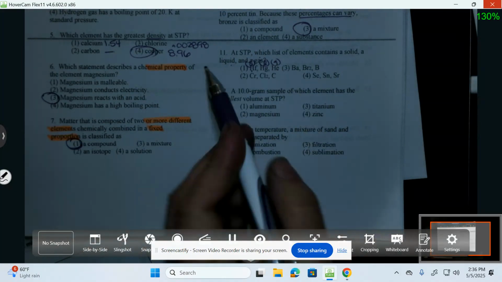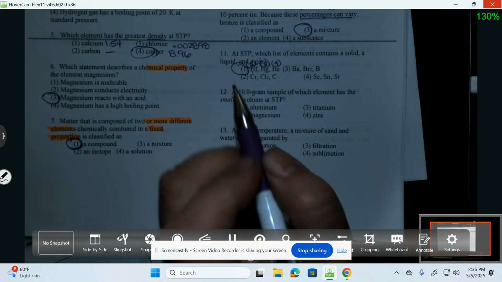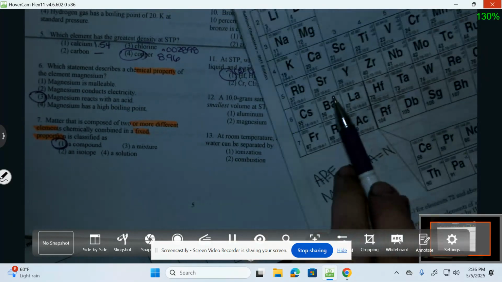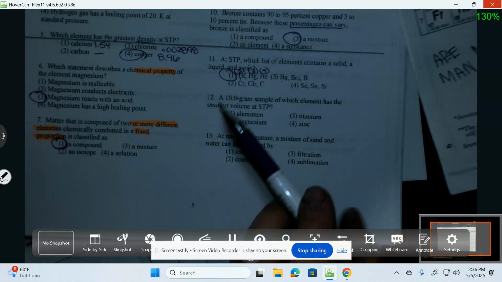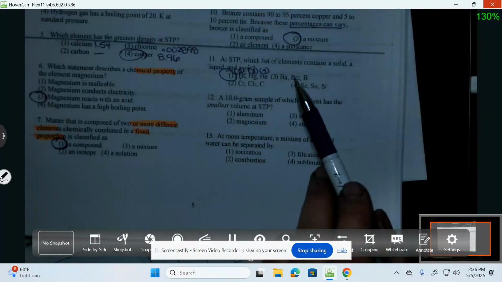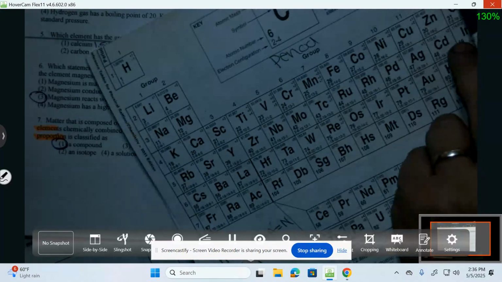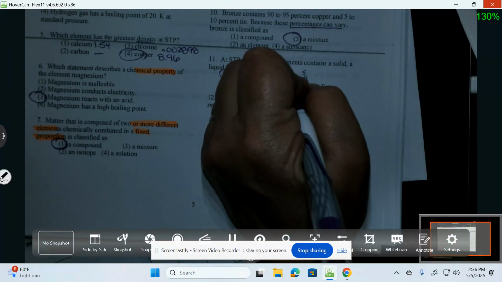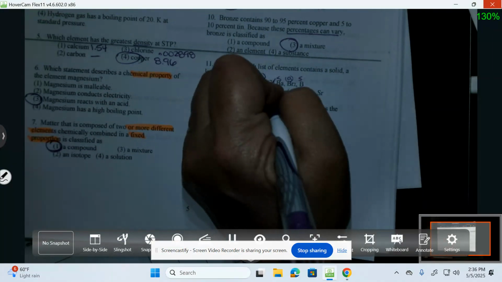All right, just for fun. So this is our answer, because we wanted a solid, a liquid, and a gas. Barium is a solid. Bromine is a liquid. Boron is a solid. So this one has two solids, so that's not the answer.